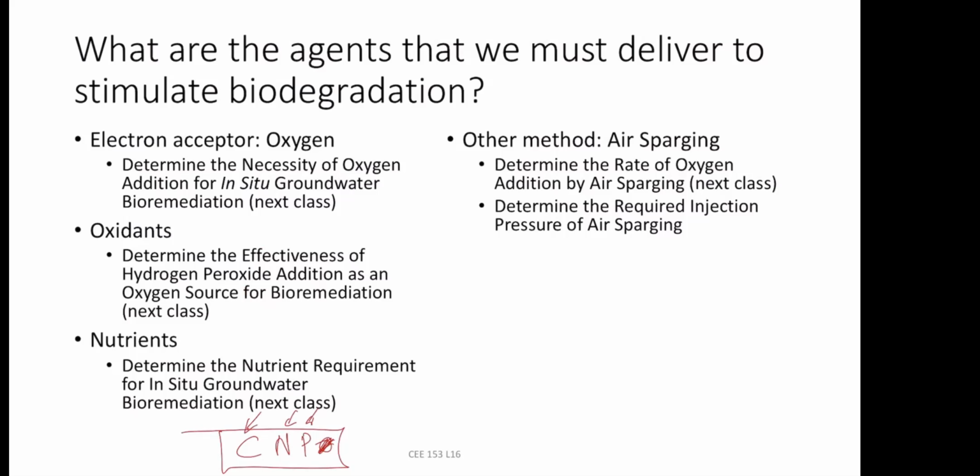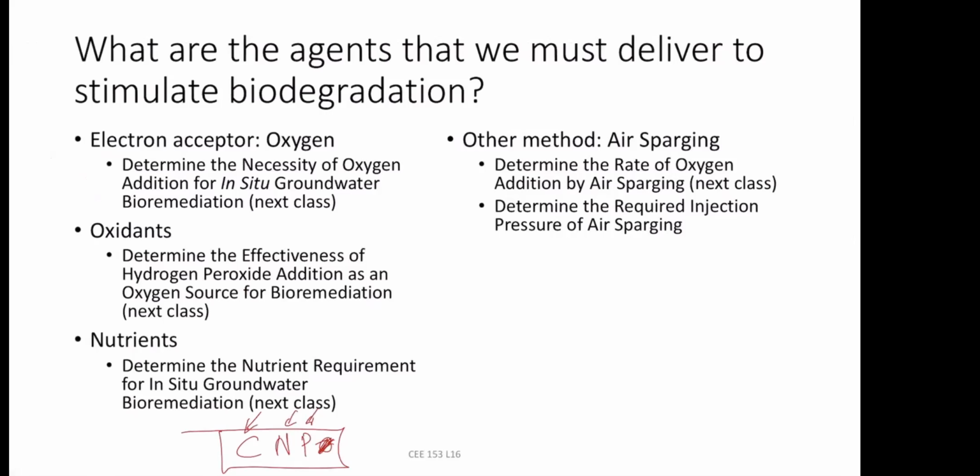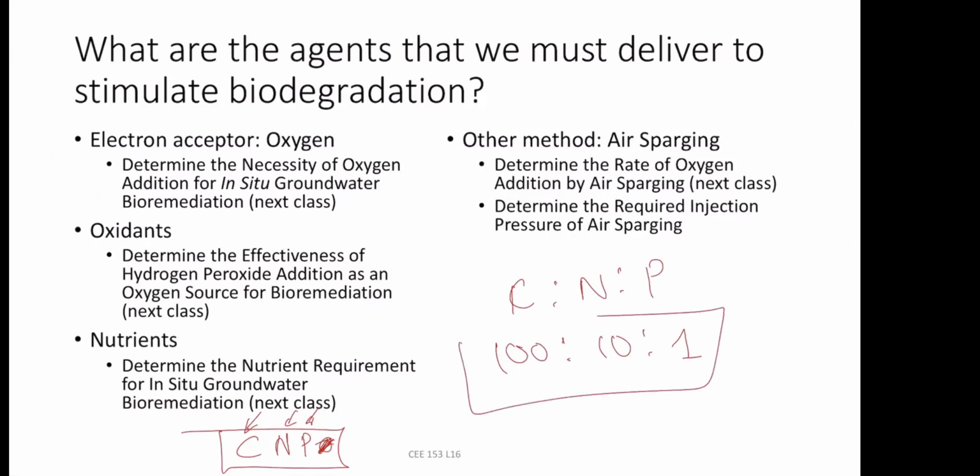That's why you don't see lots of microorganisms present naturally there, because they don't have anywhere to grow. So you got to provide nitrogen and phosphorus. Usually the carbon to nitrogen to phosphorus ratio is like, for every 100 carbon you have to have 10 nitrogen, and for every 10 nitrogen, roughly 1 phosphorus. It could vary from site to site and microorganism, but this is just roughly the order.